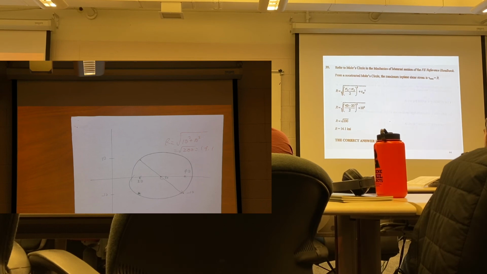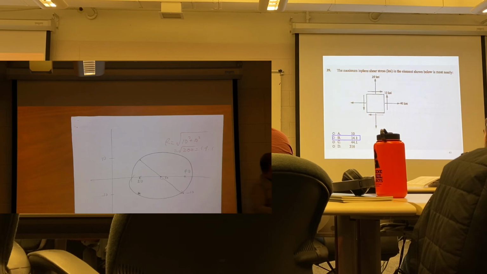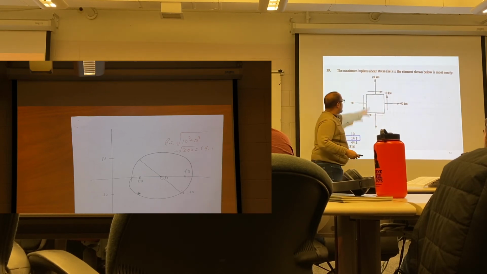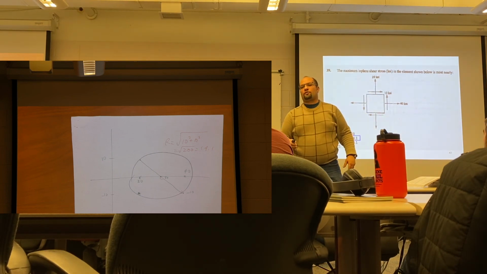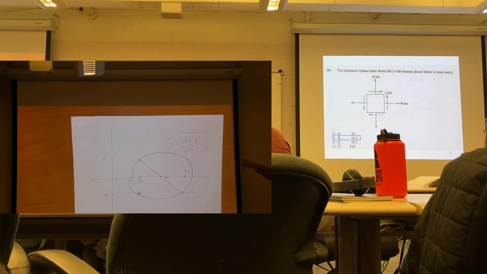Yes, there was 20 and 10, 20 positive. Well, the first one is 20 tension and half shear, which is clockwise, so it's positive. Here, this is 40 tension and half shear, which is counterclockwise, which is negative. But since you are looking for the size of the circle, even if these two got flipped, you still get the answer.